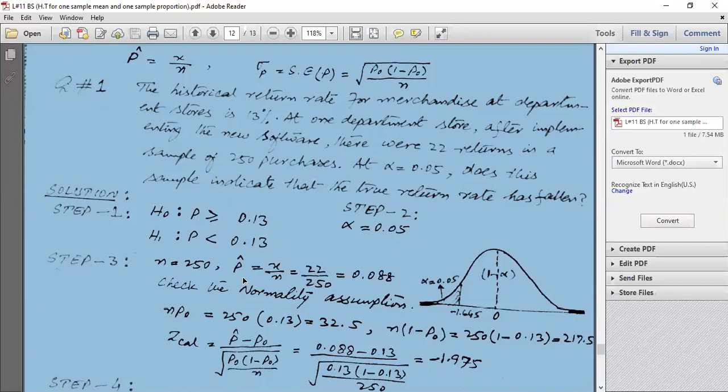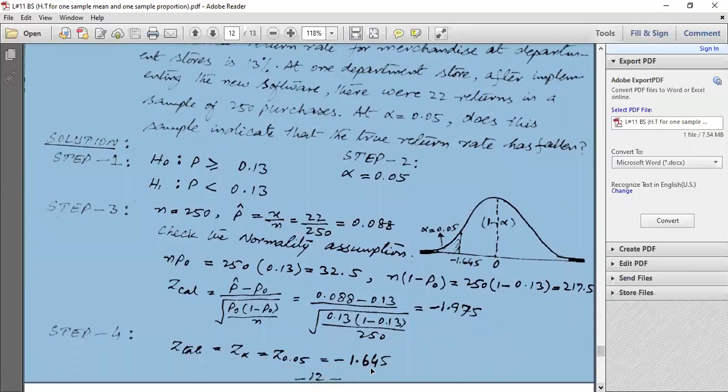First we find P cap. What is P cap? P cap represents the sample proportion, x over n, 22 over 250. We will find P cap with the help of this formula. Assume the normal assumption. So we will find n P naught and n times 1 minus P naught, it means n Q naught.